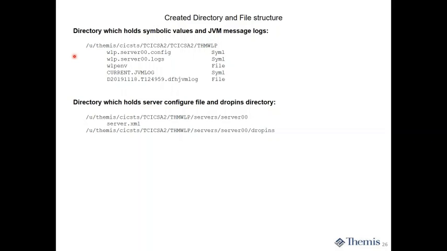I wouldn't worry about the environment variables, but the biggest thing I would want to go into this directory for are those two files right there: the current JVM log, and the JVM log unique to WAS Liberty Profile. This is strictly messages associated with the JVM itself.